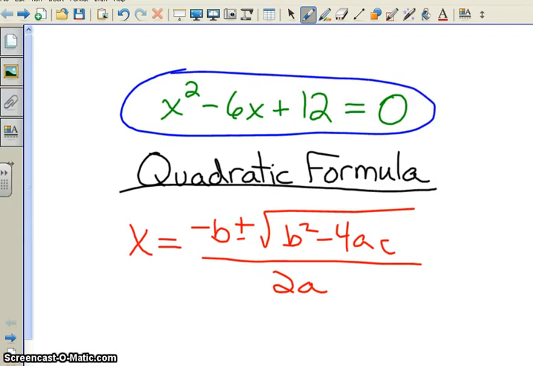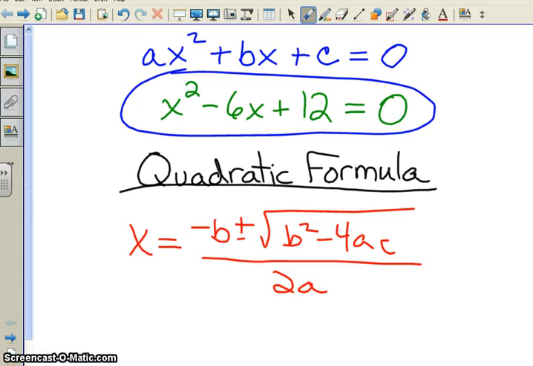Any equation that's set up in standard form looks like this. And so essentially the a, b's, and c's are the coefficients in front. The a is the coefficient in front of the x squared, the b is the coefficient in front of the x, and then the c is the constant number at the end.